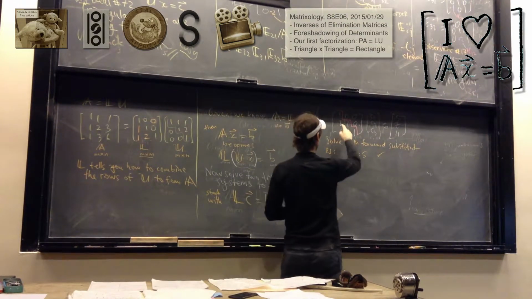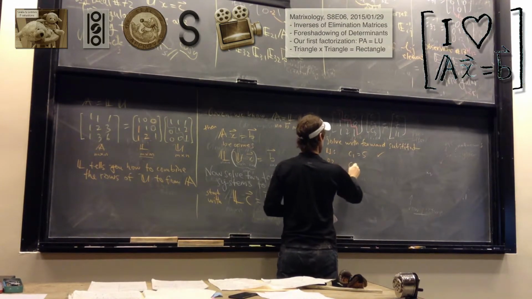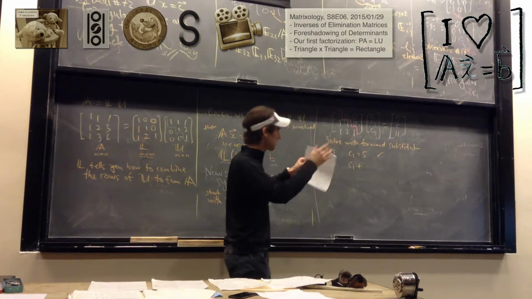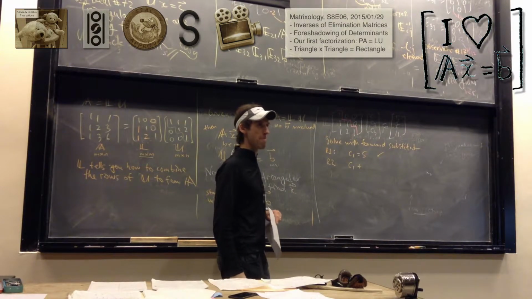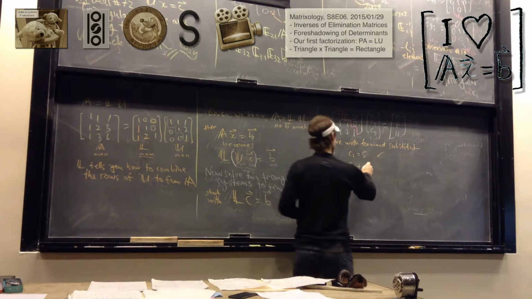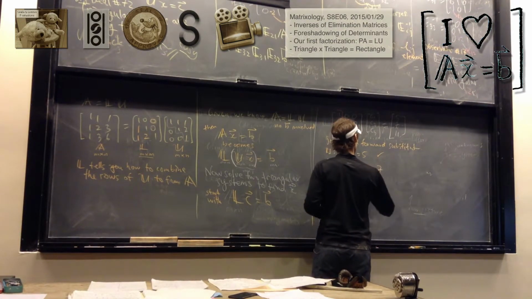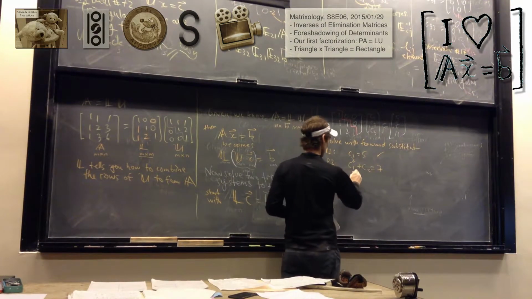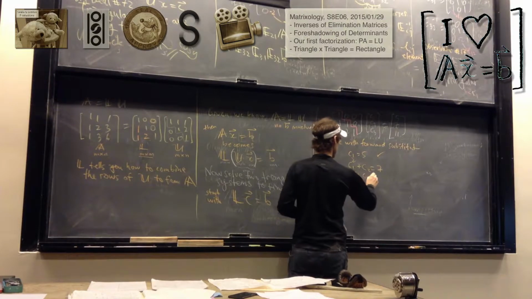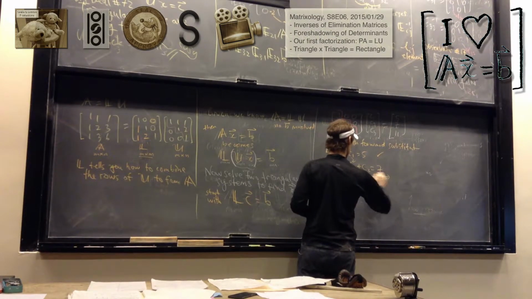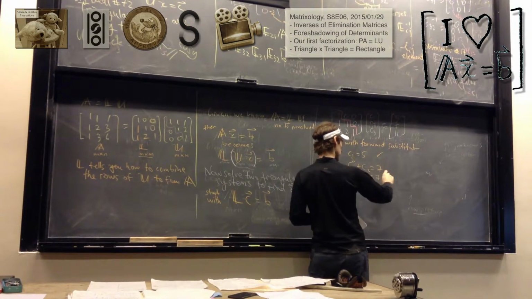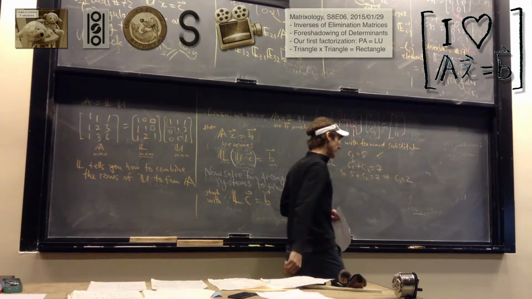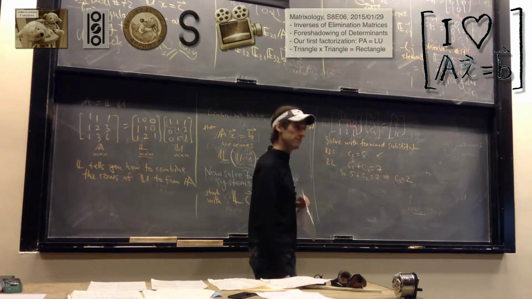The second row says c1 plus c2 equals 7. We just substitute c1 into it: 5 plus c2 equals 7, so c2 equals 2.